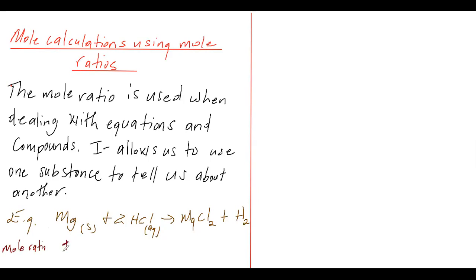We normally don't write the number 1, but if there's nothing in front of an element or a compound, assume there's a number 1. And then we write a colon, and then in front of the HCl there's a 2, and then in front of this we don't have anything, so that is a 1 as well, and in front of the hydrogen is a 1. So from this equation we can see a mole ratio of 1 to 2 to 1 to 1, and I'll explain what the mole ratios mean.